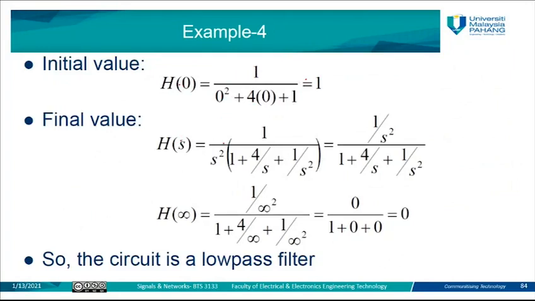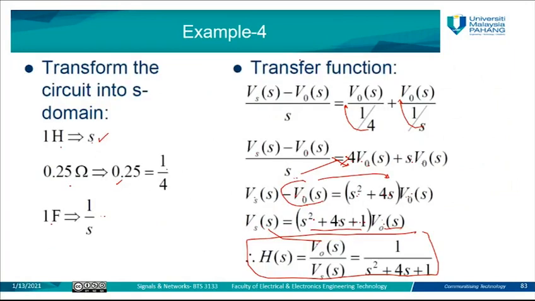For H(s) here, I have S squared. I can use the same function, but as I told you before in chapter 4, when we talk about the final values, it's better to simplify and put it in the form of 1 over S in order to remove the infinite values, so you can have a specific value for the final value.